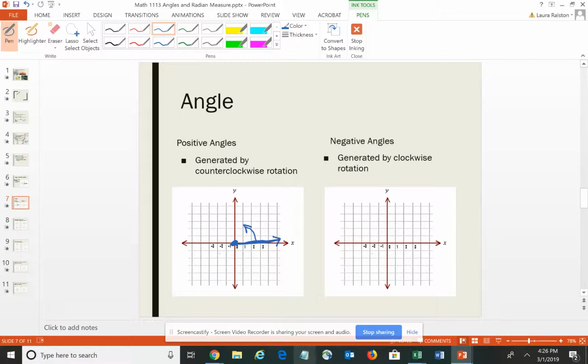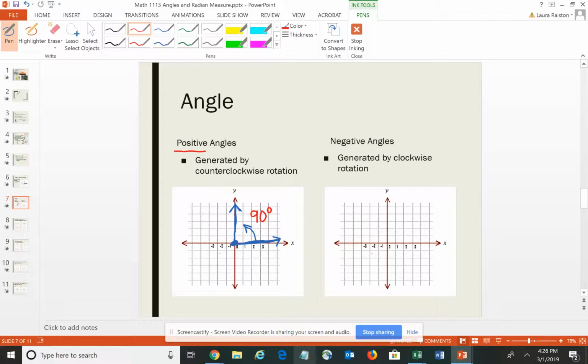Again, a lot of times we'll indicate that using an arrow. So I draw the arrow there. And so the measure of this particular angle that I drew here is going to be 90 degrees. Okay, so when you rotate counterclockwise, you have a positive angle.